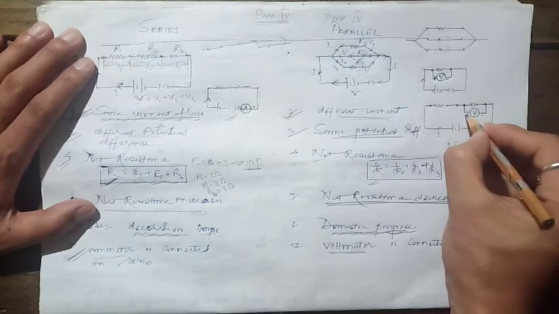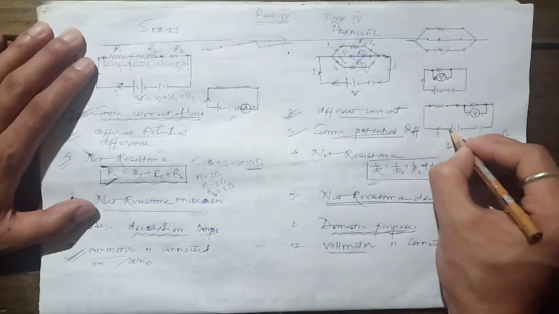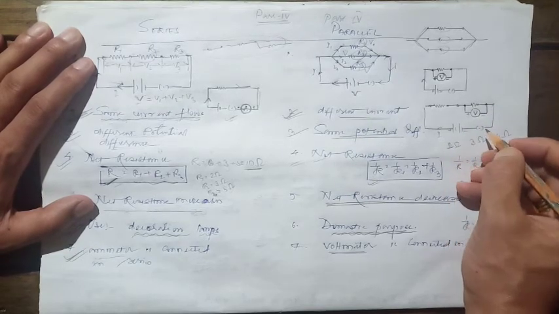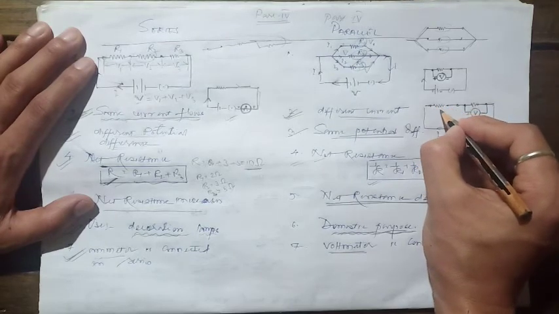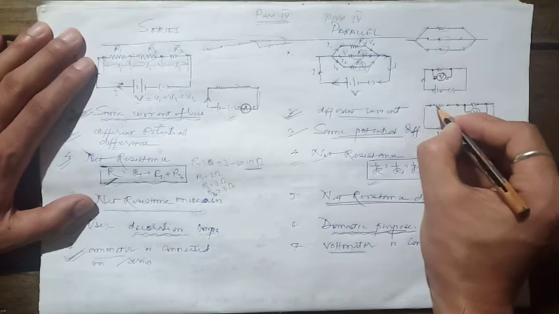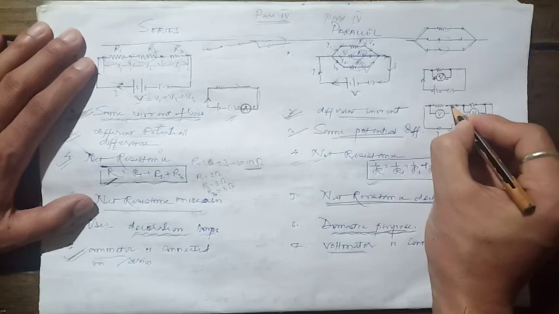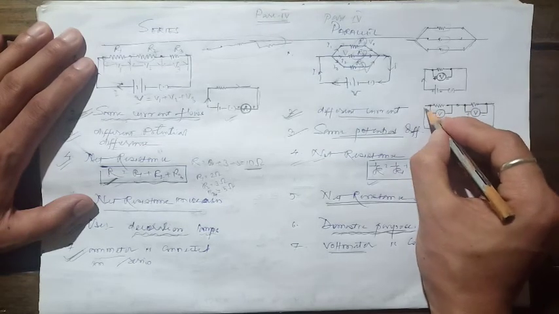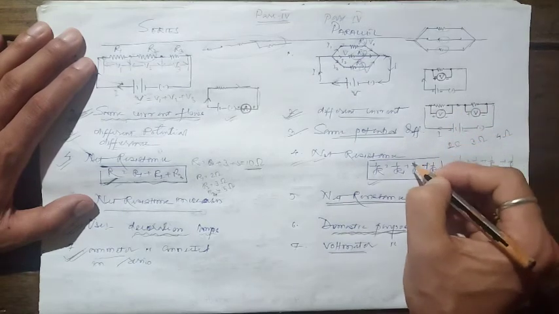So plus and minus: the positive terminal of the voltmeter should be connected to the positive terminal of the battery, and the negative terminal of the voltmeter should be connected to the negative terminal of the battery. If I want to know how much potential difference develops across this resistor, I'll be connecting the voltmeter across the ends of this resistor, making sure that the positive terminal of the voltmeter is connected to the positive terminal of the battery and the negative terminal of the voltmeter is connected to the negative terminal of the battery.